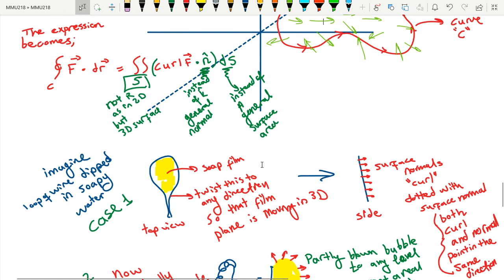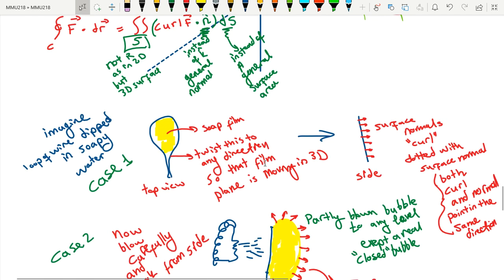And to make it more understandable, we can imagine two cases. I have a loop of wire which I dip into soapy water, and there's a soap film forming. It was maybe in two dimensions, this wire was on the floor maybe. I picked it up in my hand, dipped it into the soapy water, and twisted it in any direction that I want.